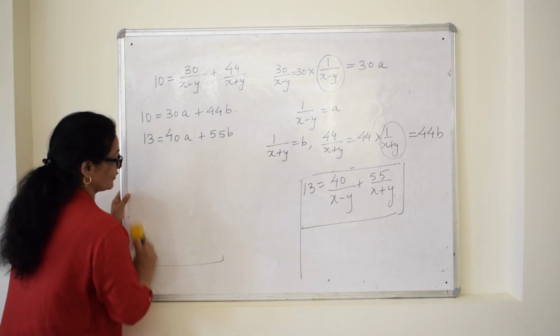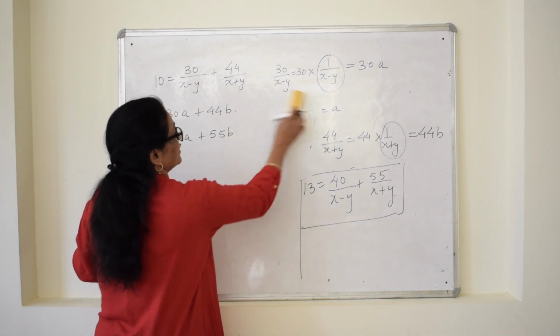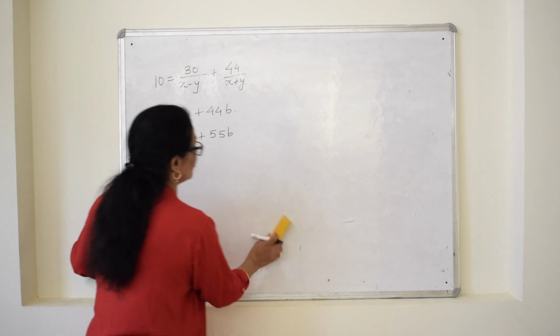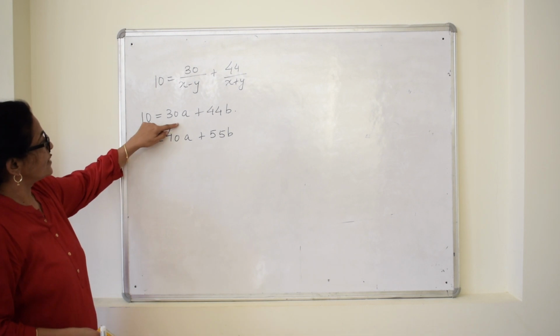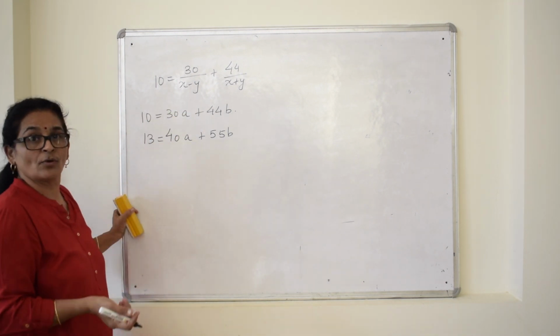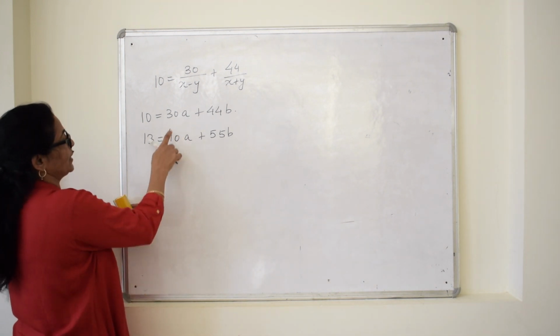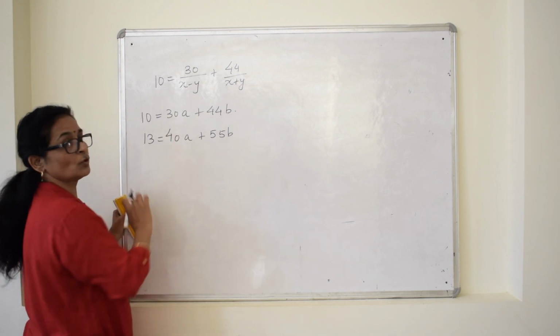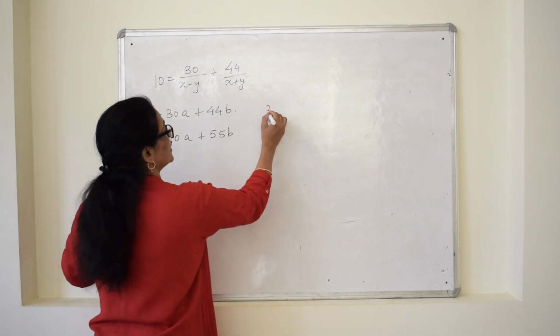So altogether we have got two equations which we have standardized because they were not in the standard form. So we have rewritten them by some assumptions. Now these two equations we have to solve. You can say by equating the coefficients. Look at this 30 and 40, suppose we are equating the coefficient of a.